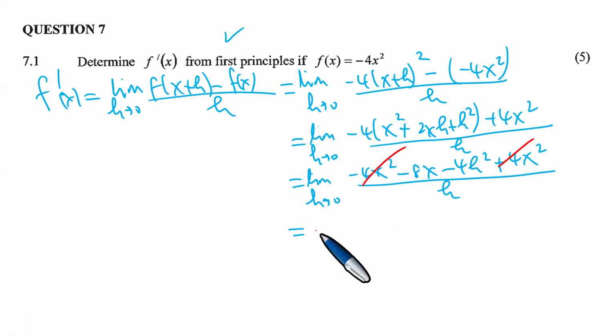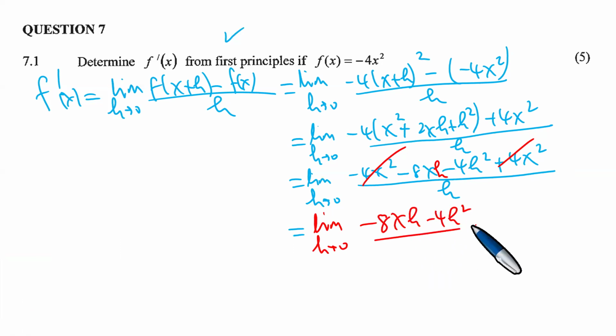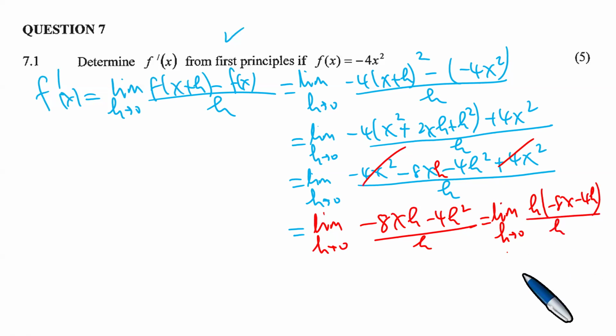At this point, what do we have? The minus 4x squared cancels out, which leaves minus 8xh minus 4h squared over h, which is minus 8x minus 4h.